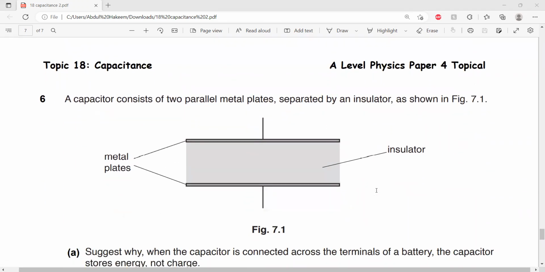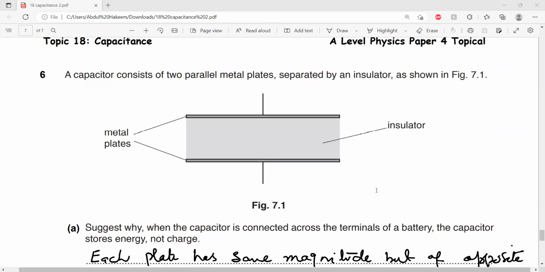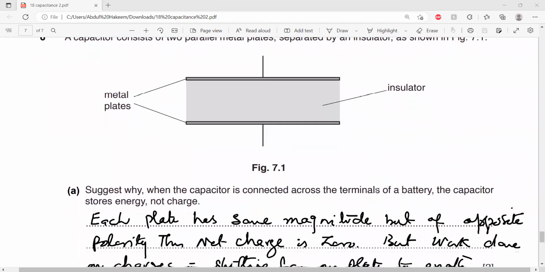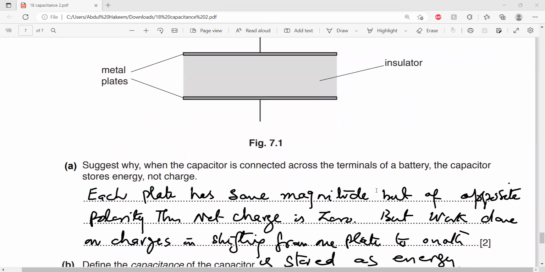And the next, question number 6: a capacitor consists of 2 parallel plates separated by an insulator. Suggest why, when the capacitor is connected across the terminals of a battery, the capacitor stores energy, not charge. Now look, each plate has the same magnitude of charge but opposite in sign, opposite in polarity.